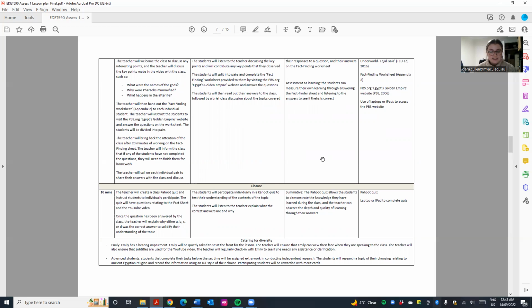And this is through listening to student responses to the posed questions. The students can undertake assessment as learning through answering the questions on the worksheet and listening to other answers, thus allowing them to measure their own learning. The lesson closes with a Kahoot quiz, which is enjoyable and interactive for students, whilst also being beneficial for their learning. So it's an effective measure.